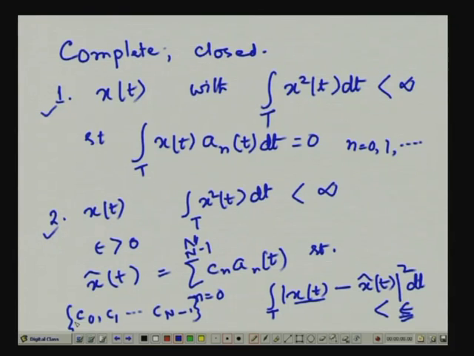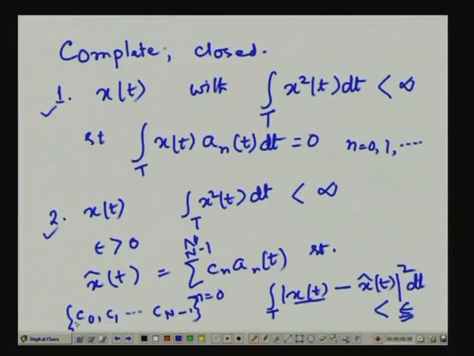So, if we have a complete set of orthogonal functions, then using this set, we can go for a finite expansion of a signal x(t) using the finite number of expansion coefficients C_0, C_1 up to C_(N-1), as is shown here. So, I have a finite set of expansion coefficients.